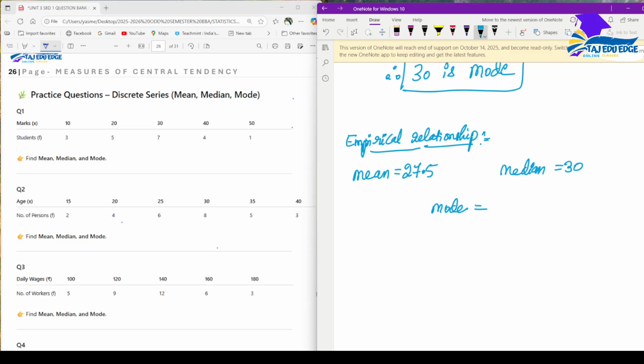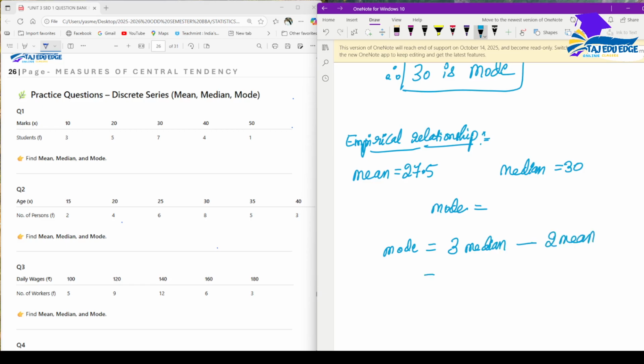So how can we calculate mode using empirical relationship? Mode is equal to 3 median minus 2 mean.